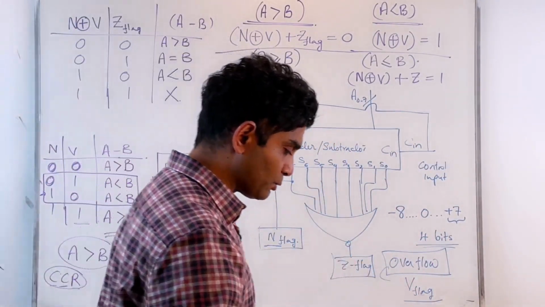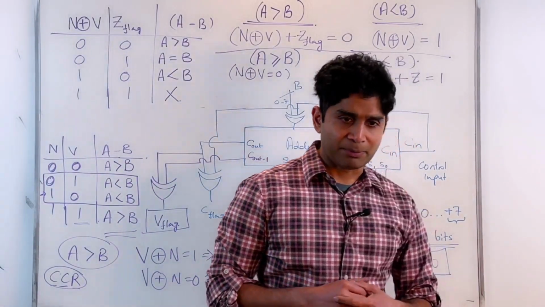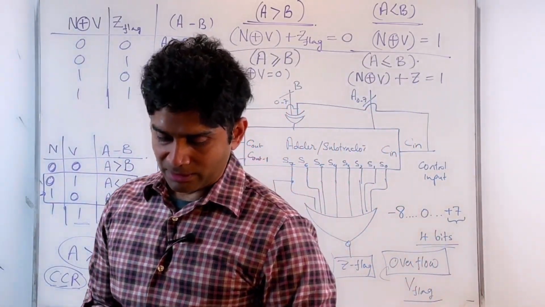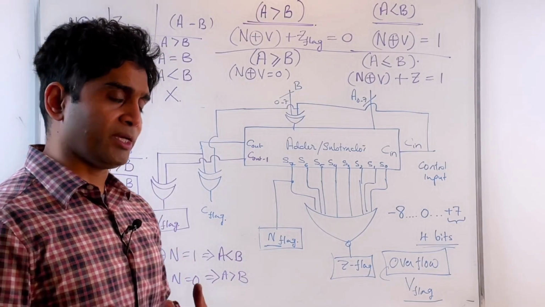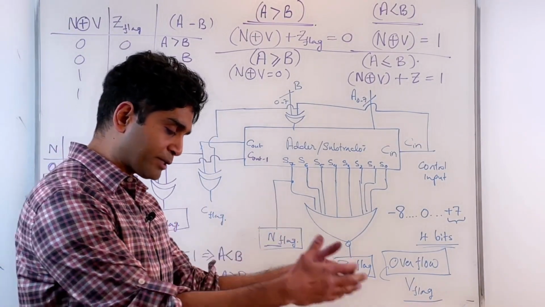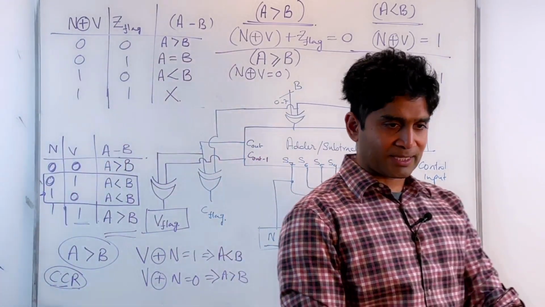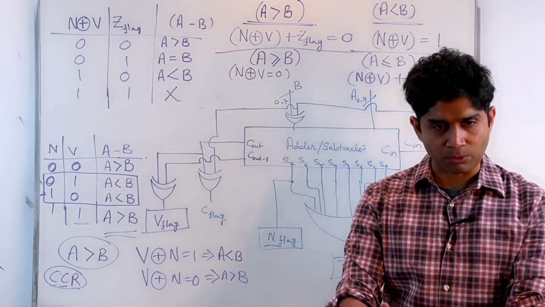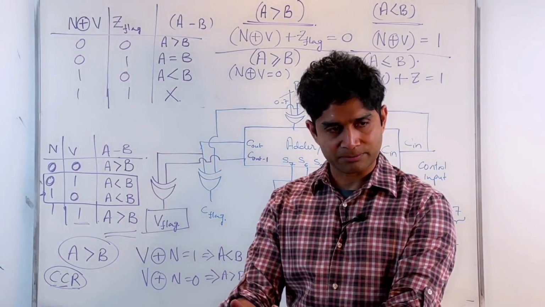Now we need to go back to the question we posed at the beginning of the class. How do we distinguish between signed operations and unsigned operations? How do I let the hardware know that in this particular code fragment I'm working with signed numbers?